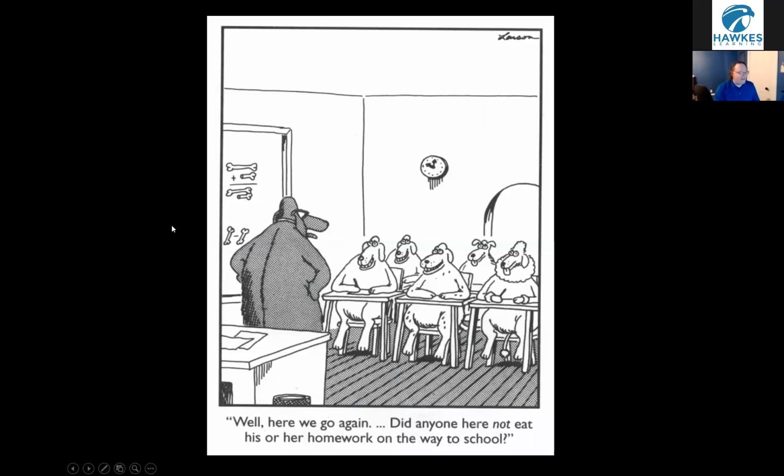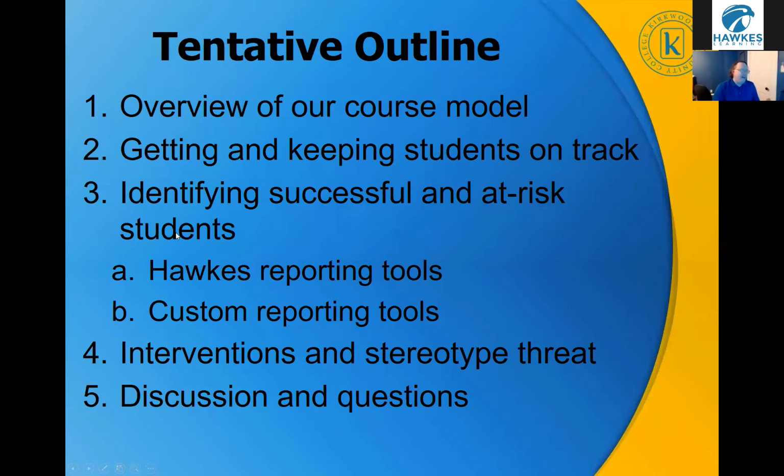All right. So hopefully everyone is ready for this talk. Here's what I want to do. I want to give you a brief overview of how our course model works, just so you can have an understanding of what we're doing and why being able to identify students who are struggling is particularly important to us. Talk about what our methods are for getting and keeping students on track.